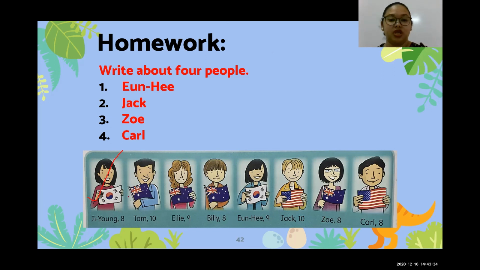So we're done with this one, finished already. We've written about Jiyoung, Tom, finished. Ellie, finished. Billy, finished. Okay, so write about Yoonhee. Write about Jack. Okay. Write about Zoe.